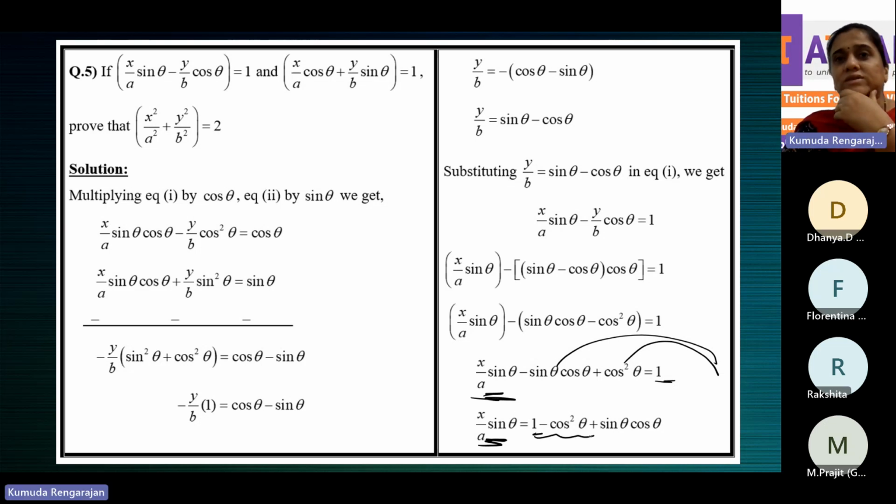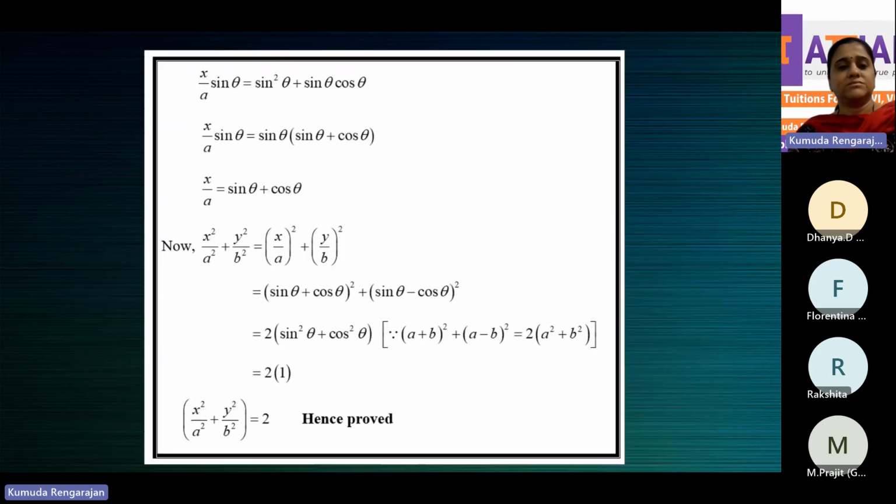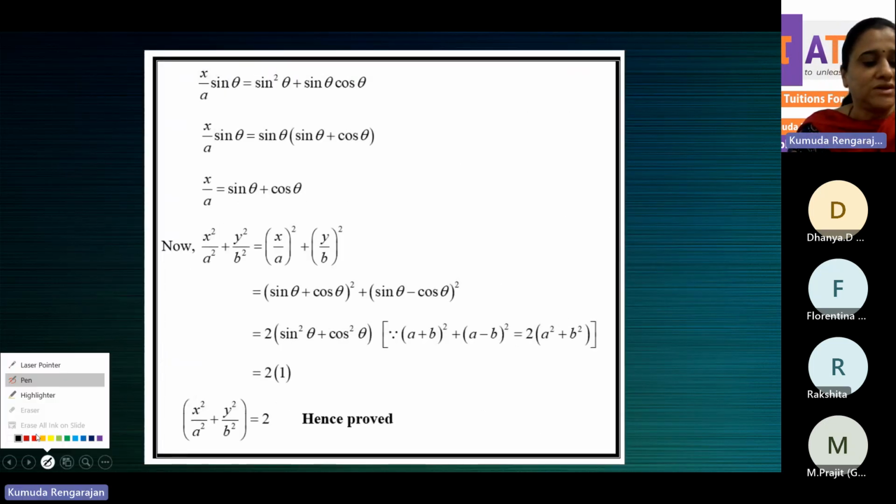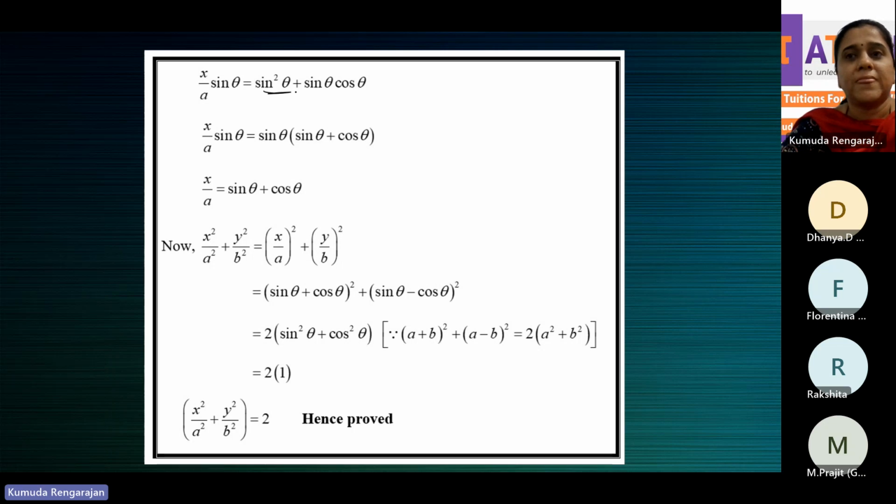Now what is 1 minus cos square theta? Sin square theta. So you should write sin square theta, and then you will have sin theta common. Then they get cancelled on both sides. So x by a is equal to sin theta plus cos theta. Yeah, continue, children. Please continue.